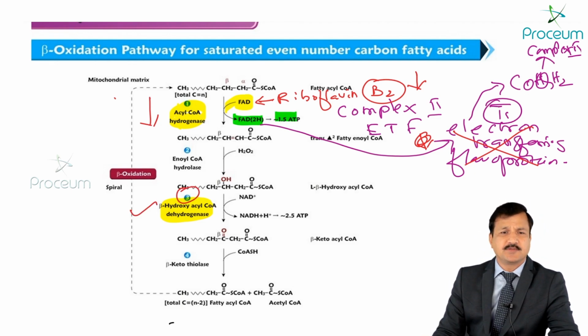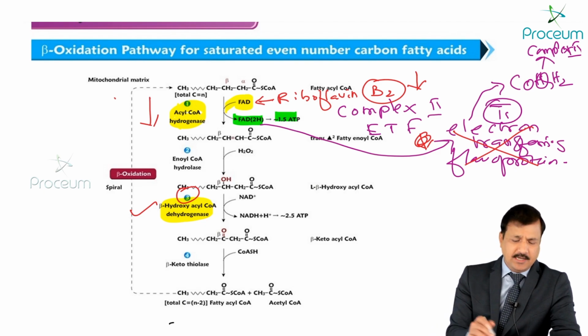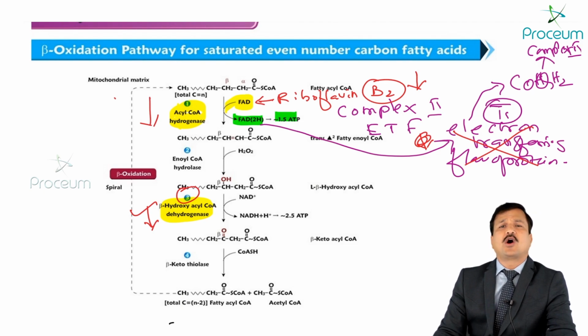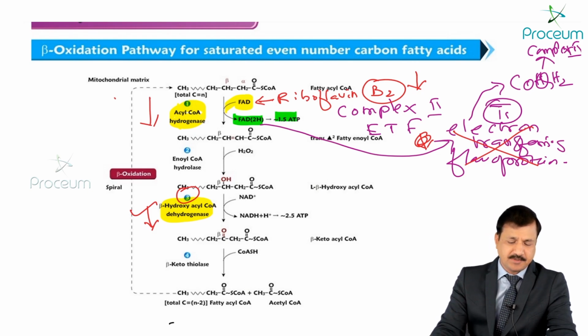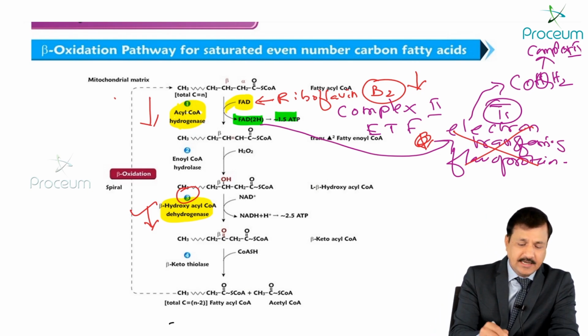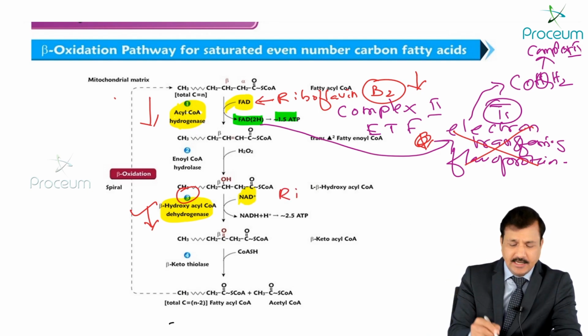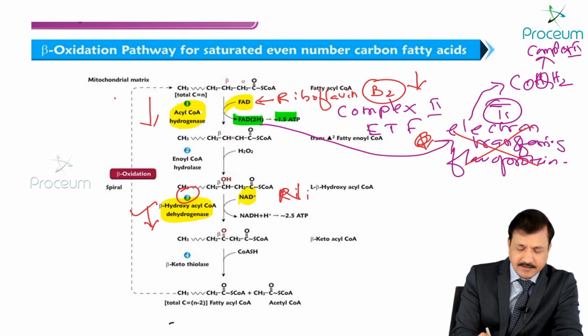What is the importance of this reaction? So there can be deficiency of beta-hydroxy-acyl-CoA dehydrogenase, especially long chain beta-hydroxy-acyl-CoA dehydrogenase deficiency, leading to defect in beta-oxidation. That's one aspect. Second is NAD, which is entering into the reaction. That NAD is a derivative of niacin, and niacin is vitamin B3.